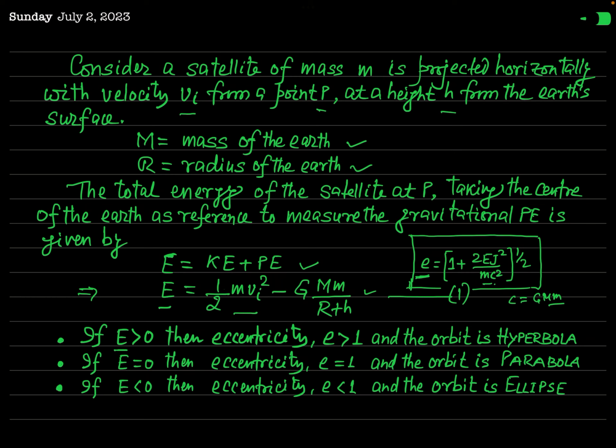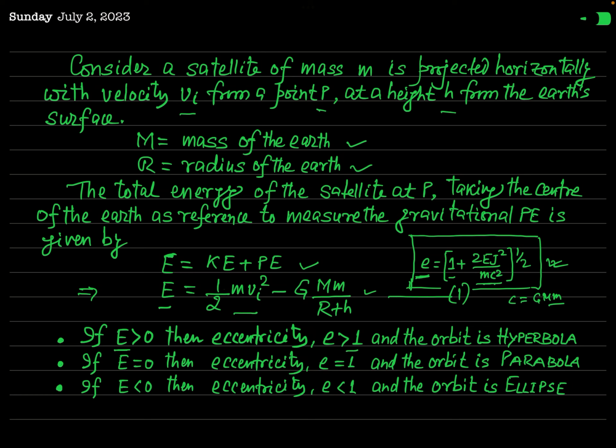So when E is greater than 0, meaning positive, then from this relation you can see that the eccentricity will be greater than 1, because 2EJ squared by m C squared will be a positive number added to 1, giving a number greater than 1.